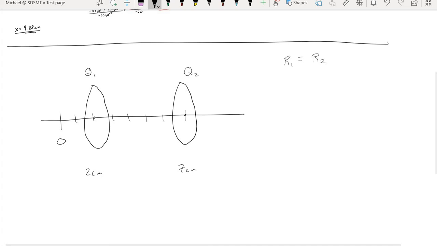And halfway in between, actually let's move Q2 over one more so that we're not dealing with any half centimeter values. We'll bring Q2 out to 8 centimeters.